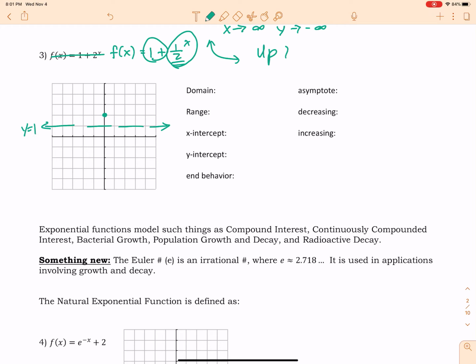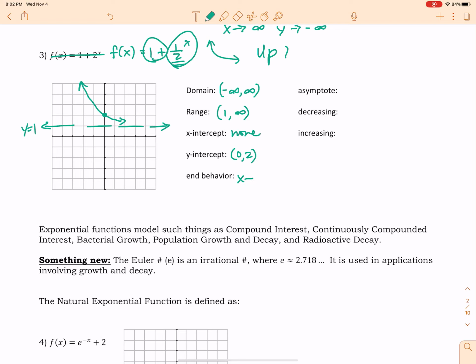And so, of course, my graph is going to look like that. The domain is still negative infinity to positive infinity. The range now is going to be from 1 to infinity. There's still no x-intercept. The y-intercept now is going to be at 0, 2.